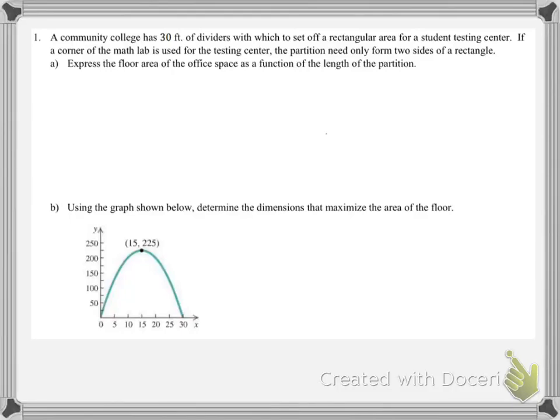The one we're starting with is actually the same problem we did yesterday, but we're just going to go through the process of coming up with that function and then using the graph to maximize it. So we have this room, and we want to make an area in the corner that's rectangular, and we'll call one of our dimensions x.